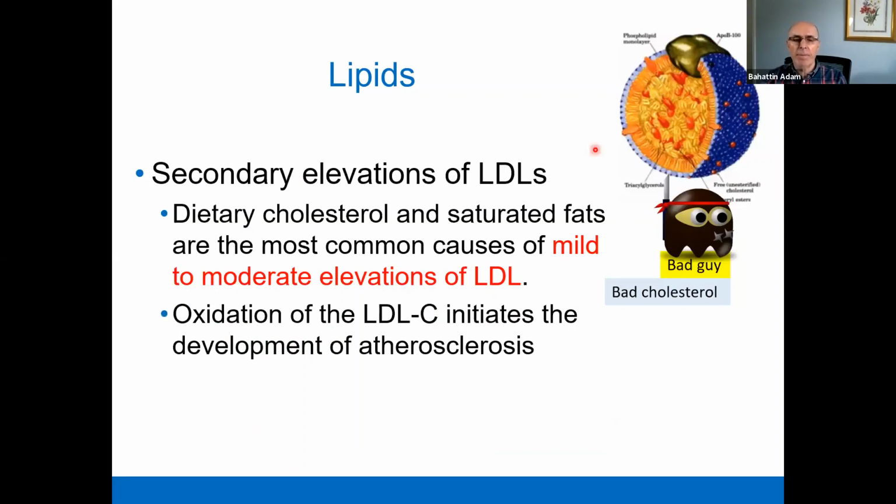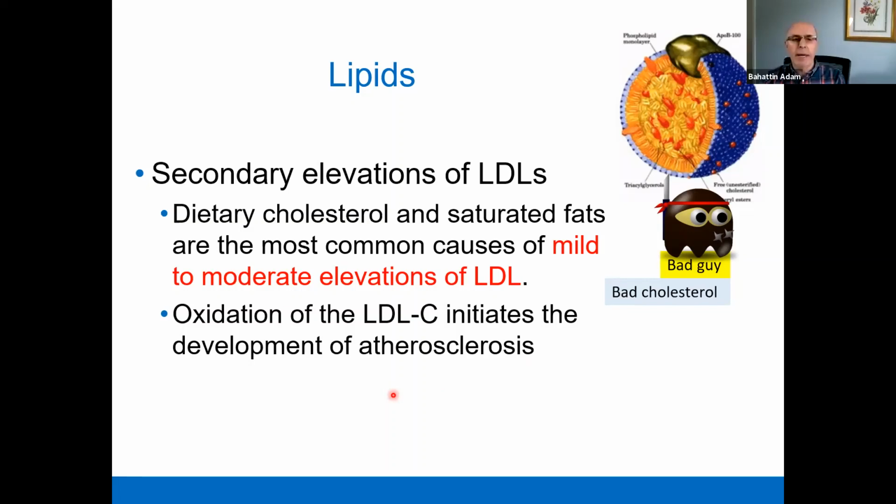Now, LDL cholesterol is known as bad cholesterol. A high level of LDL cholesterol results in atherosclerosis.